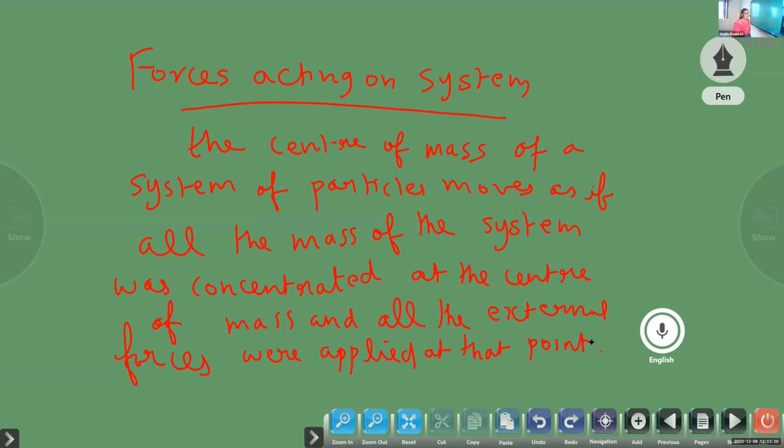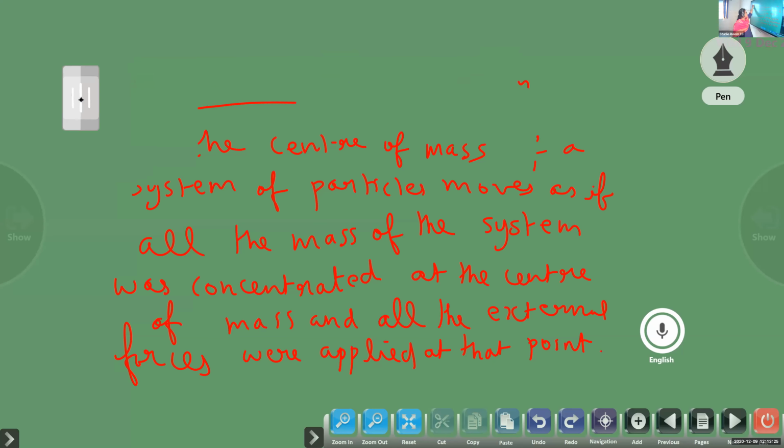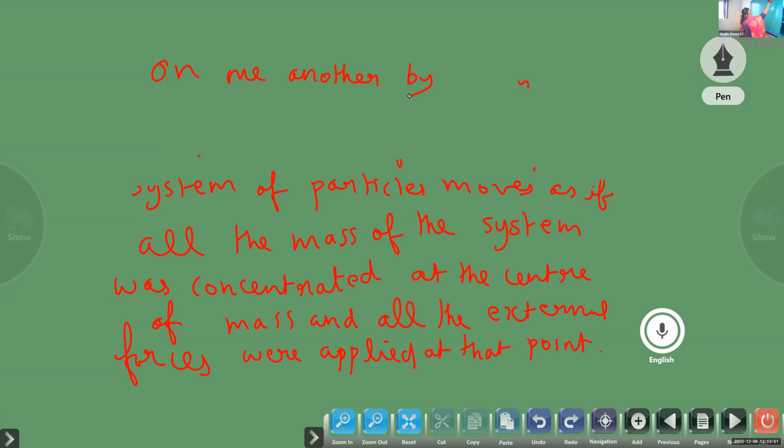Apart from this, there are some internal forces exerted by the particles on one another by Newton's third law.